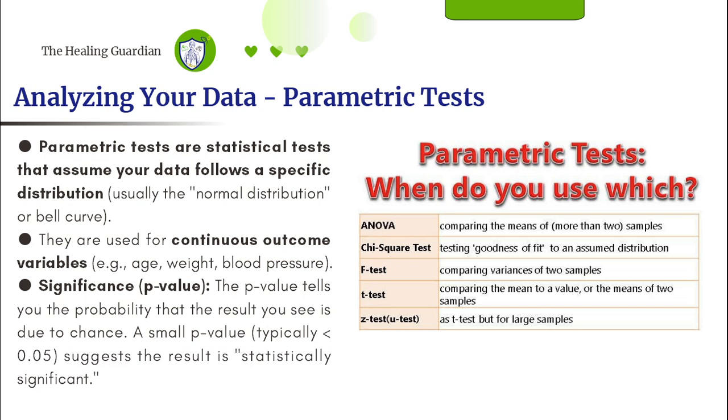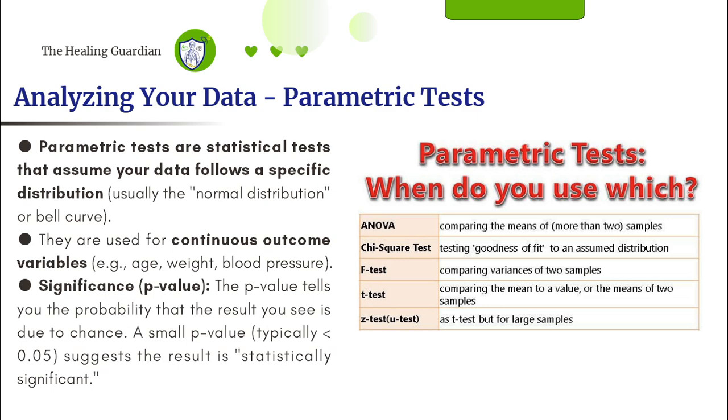We will not use Z test or T test for categorical data. Then you get the p-value, because most of those tests, whether Z test, T test, or F test, give you the p-value, which tells you the probability that the result you are seeing is due to chance. And as always, a small p-value suggests that the result is statistically significant.